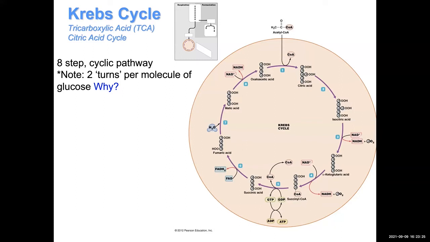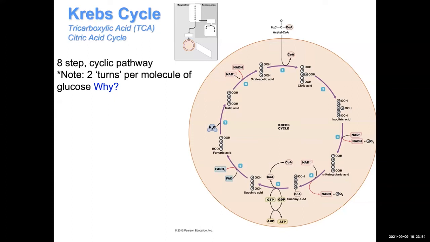Yeah, but if you think about it from the beginning, we start with 1 glucose, so why are we going around it twice? Because glucose gets broken down into 2 pyruvic acid, which then gets converted to 2 acetyl-CoA, which then each acetyl-CoA enters the pathway, yeah?